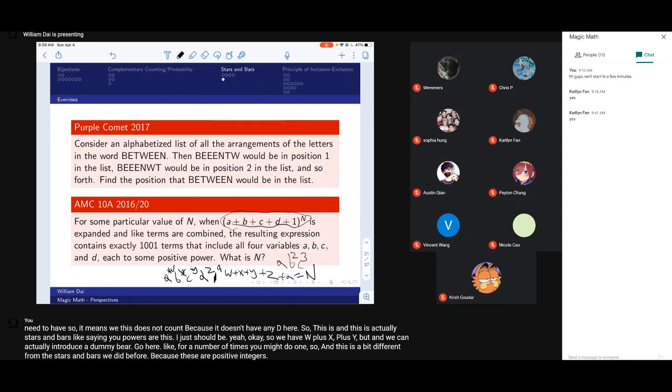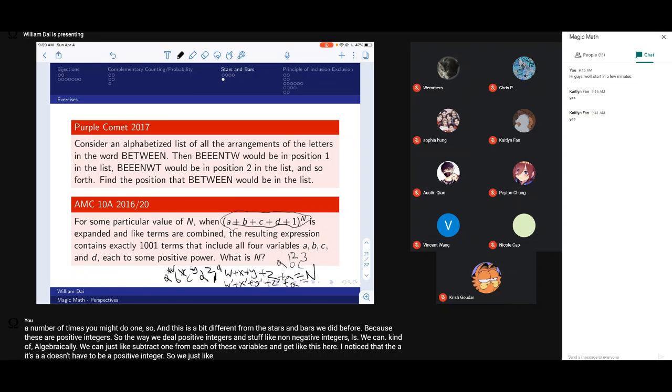The way we deal with positive integers instead of non-negative integers is algebraically we can just subtract one from each of these variables and get this here. Notice that the a doesn't have to be a positive integer, so we leave it alone.